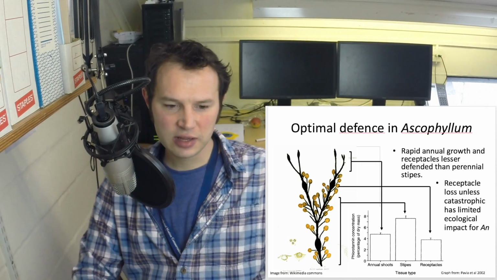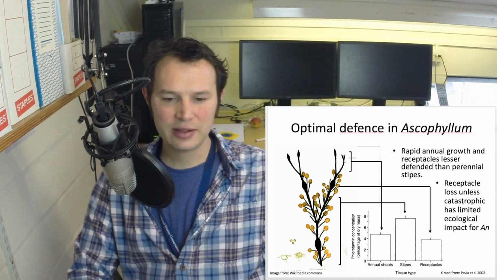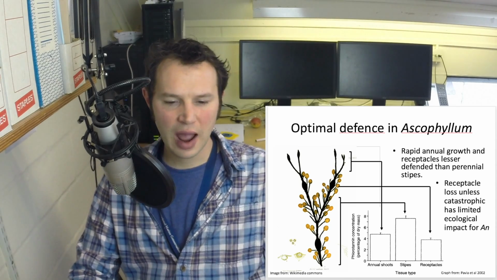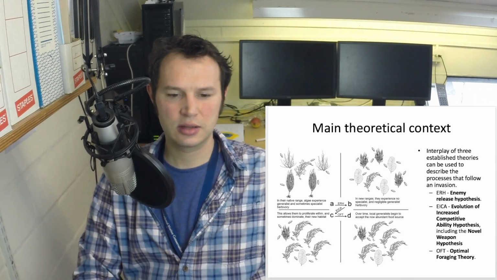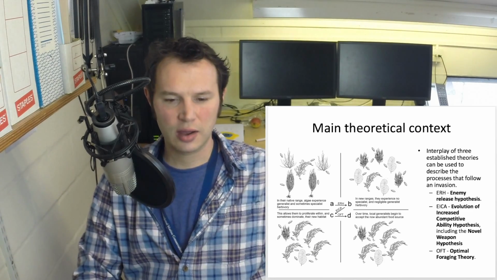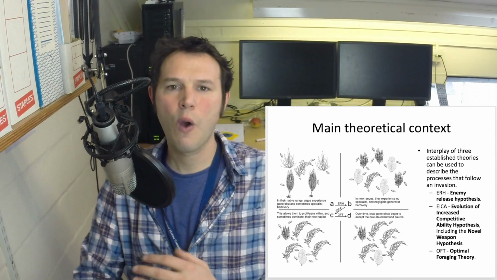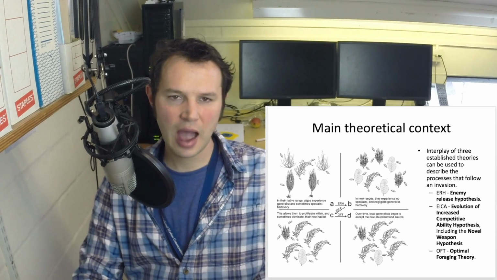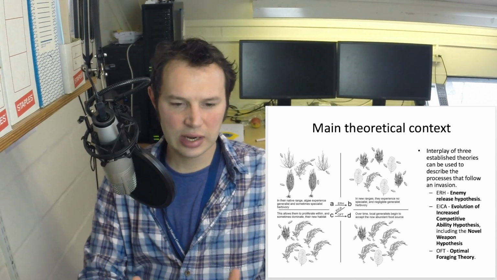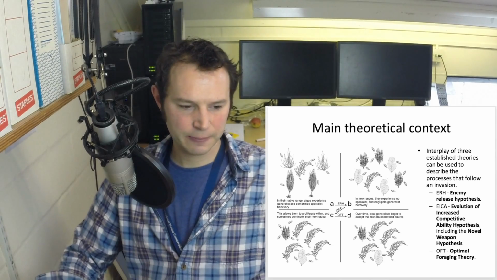Think about optimal defense theory, the allocation of energy into different parts of the body or frond of an alga. Think about the theoretical context of grazing pressure in algae and invasion success, how this whole interplay of this arms race between grazers and the algae come together to lead to these models of invasion dynamics.